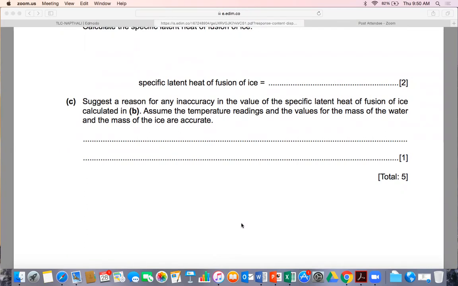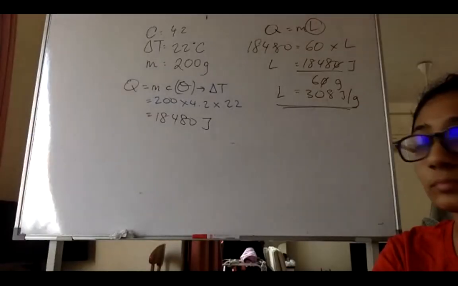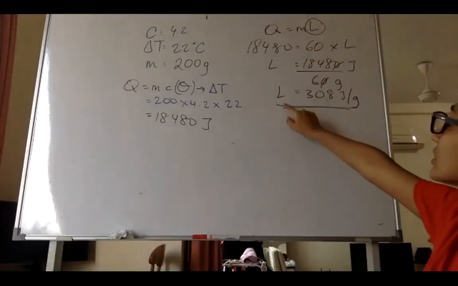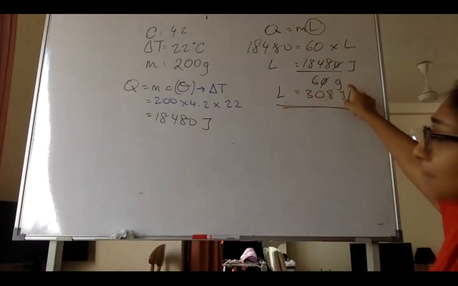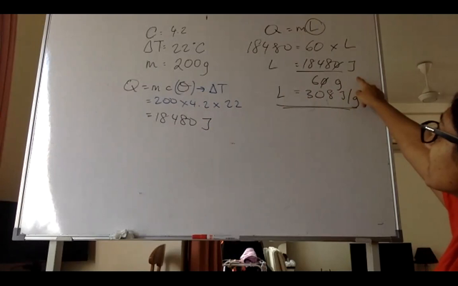Human error. Sorry? So my value, when I'm looking at B, I have specific latent heat of fusion of ice. The specific latent fusion of ice, I have mass, but the mass they say they have calculated correctly. And then I have my thermal energy.